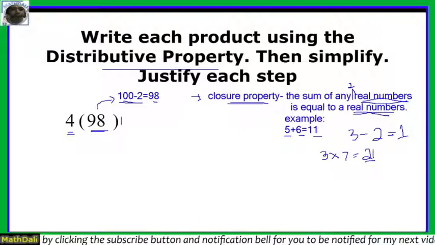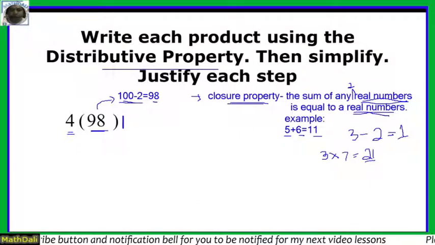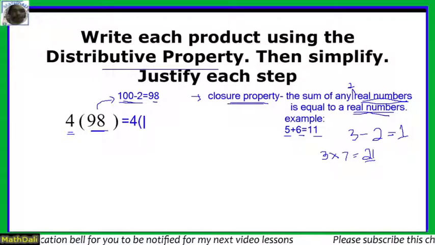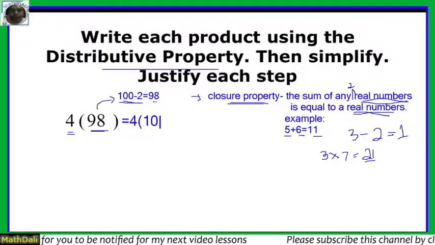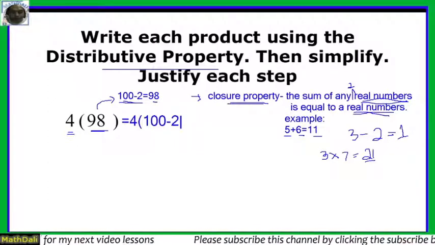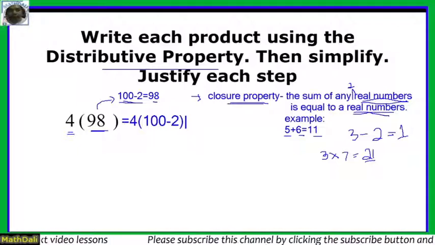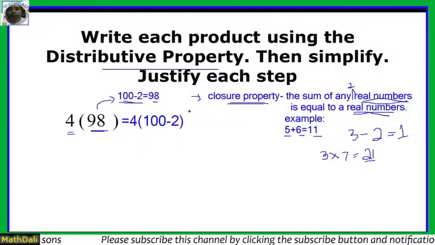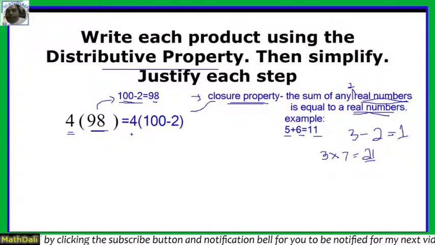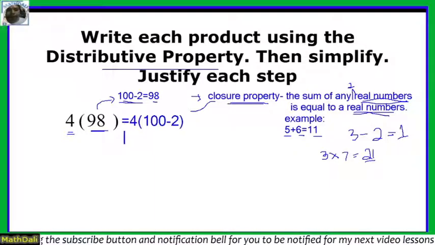So 98. That will be equal to 4 multiplied by 2. We have 100 minus 2. Ginamit ko dito yung closure property. Yung 98 in-express ko as the difference of 102. That will be equal now to, lagay ko dito sa baba yung sagot.